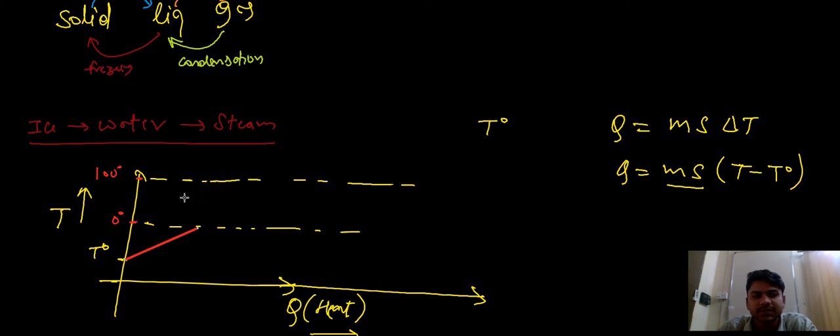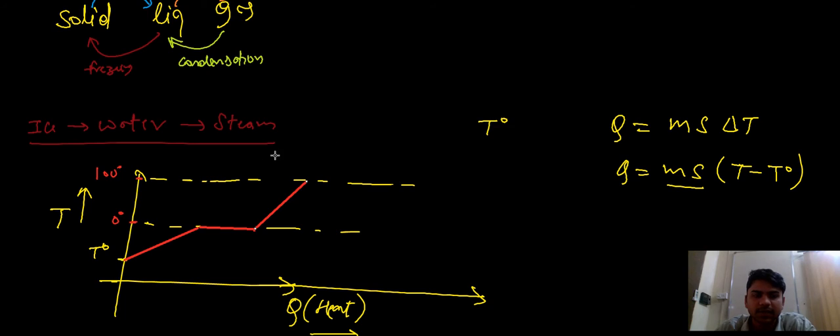After that, once you achieve 0 degree and the phase change starts to happen, your temperature does not change. Because of that, you will get a horizontal line, since temperature is not changing. That is because of the latent heat coming into play. Once you have converted everything into water, you again increase the water temperature, and this time m would be the same but s will differ, so you will have a different slope.